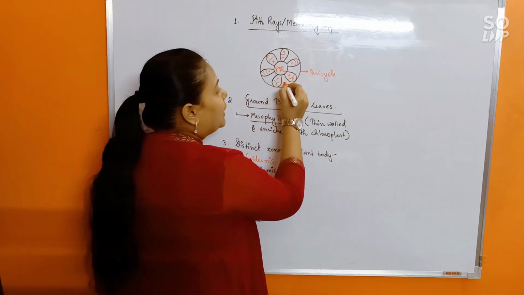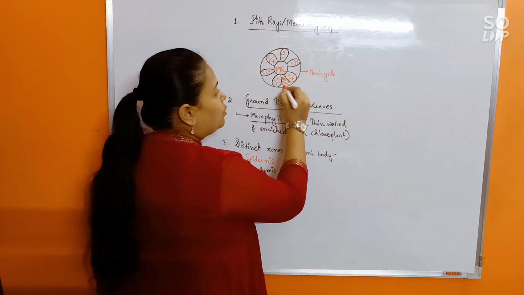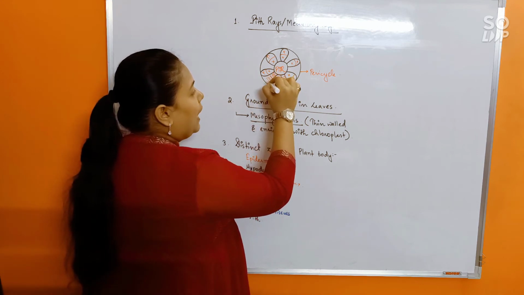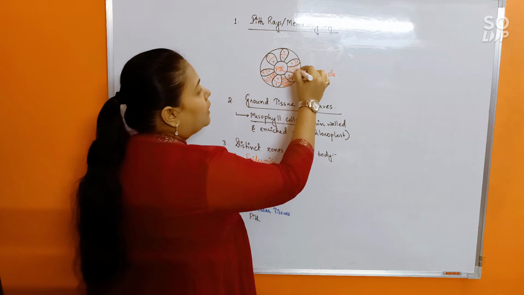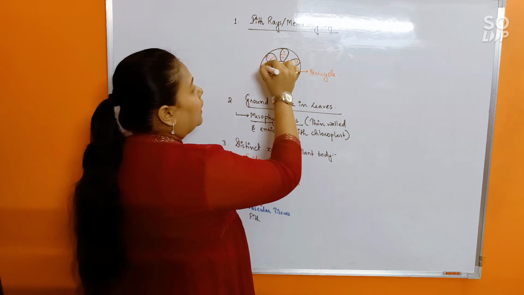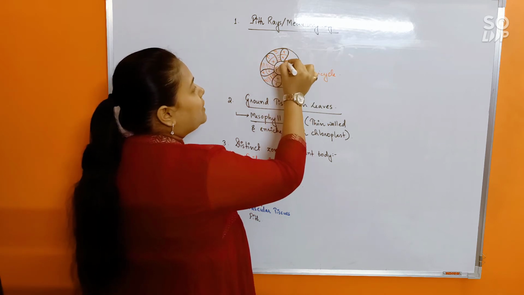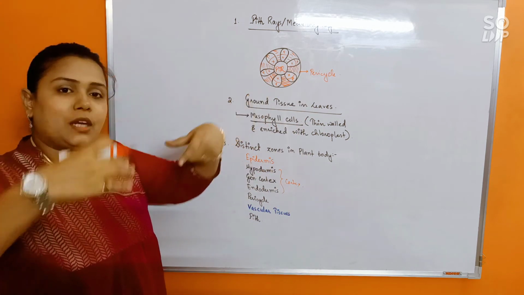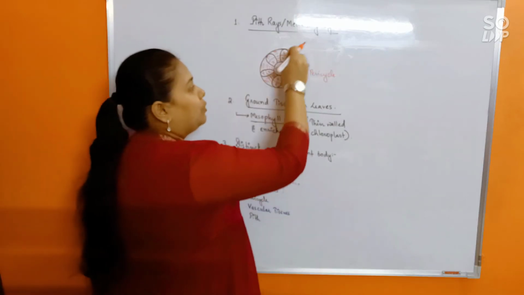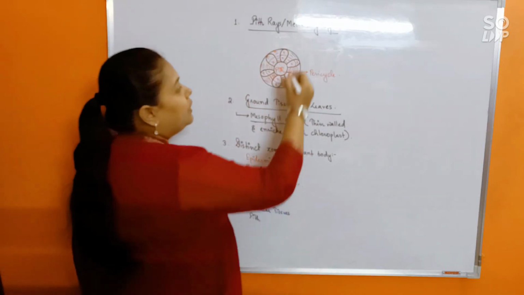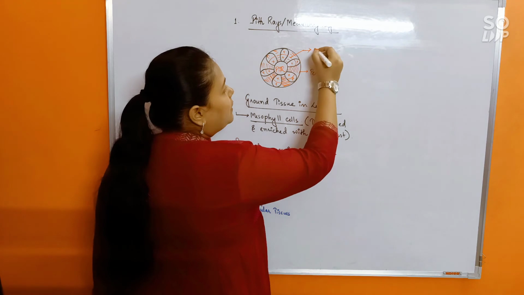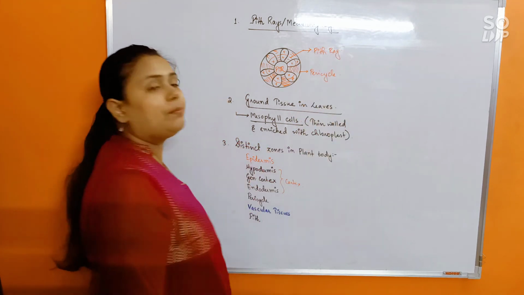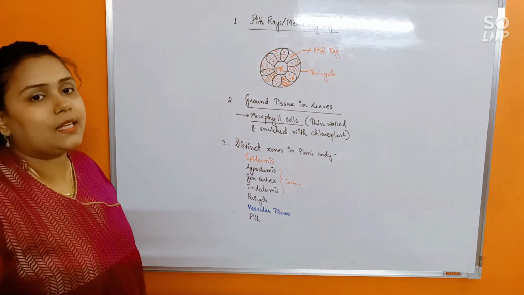Isn't it looking as if these are small strips of cells arising from the pith as rays? Isn't it looking as if the pith is emitting some rays, and that's how they are coming out from the pith? So these zones are known as pith rays, or because the pith is also known as medulla, we call them medullary rays as well.